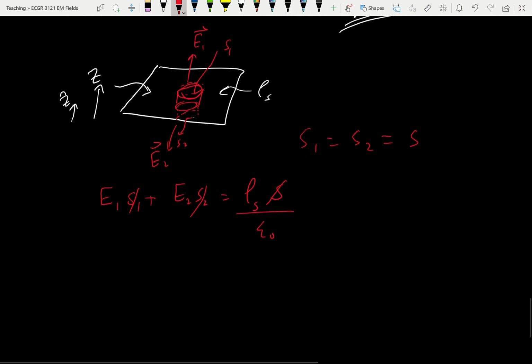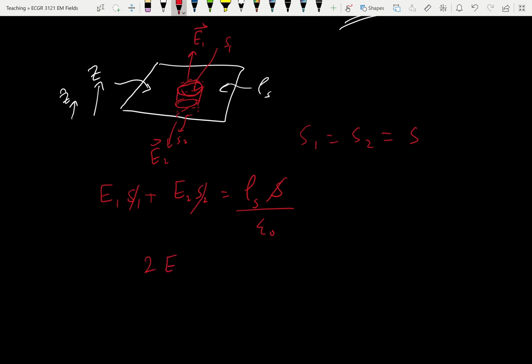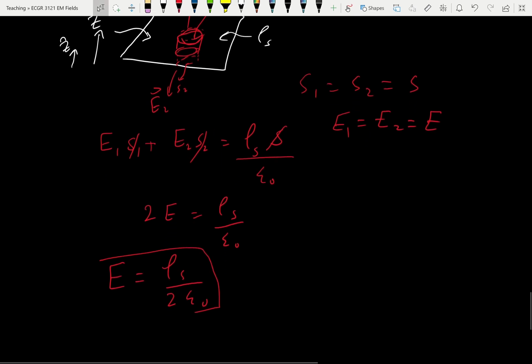So it just should be 2E. So E1 equals E2 equals E. They just vary in direction, but they should be equal. So this equals rho s over epsilon naught. So the magnitude of E equals rho s over 2 epsilon naught. We derived this already, right?